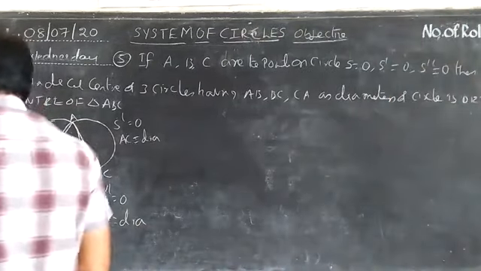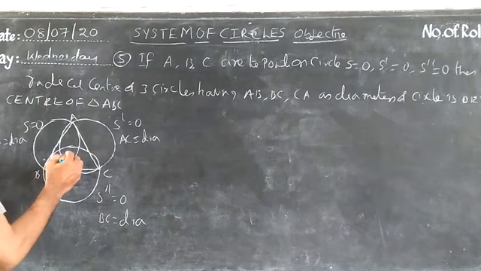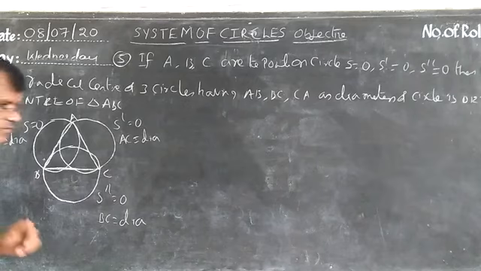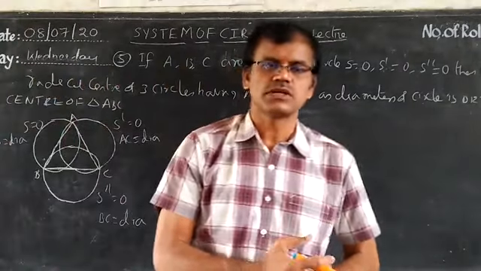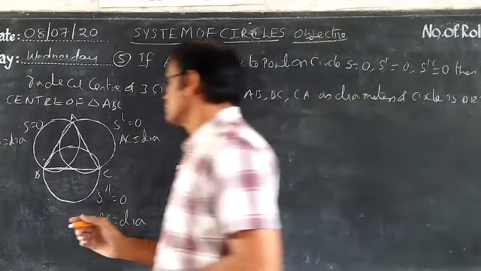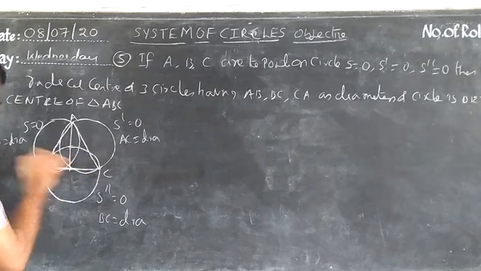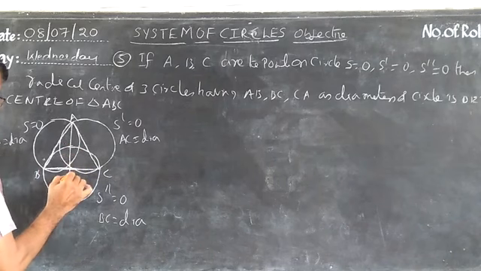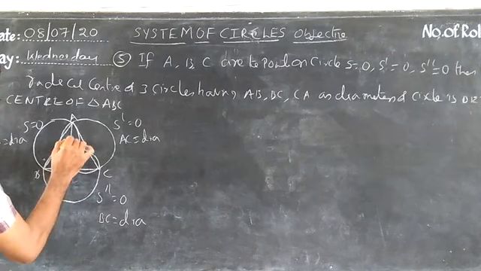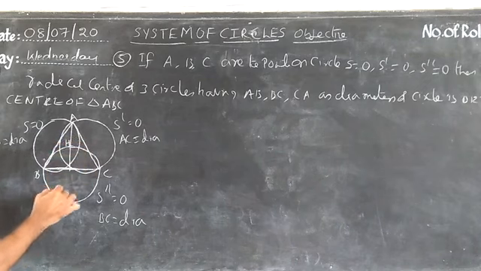This is an important concept in objective exams. What is the definition of the orthocenter? The point of concurrence of altitudes is called the orthocenter. So draw a perpendicular line here and put A, B, C. This is H, the orthocenter.